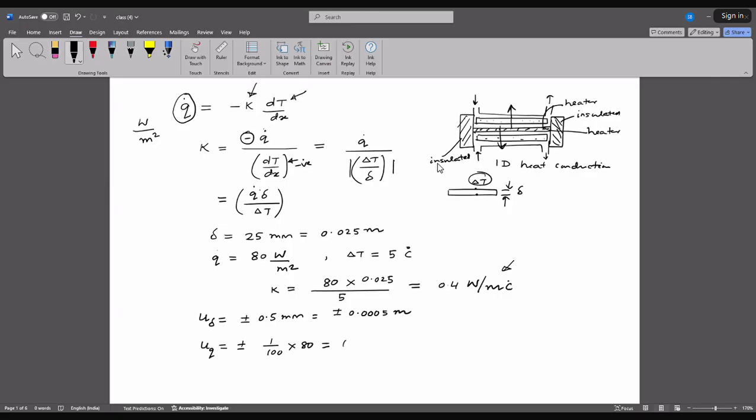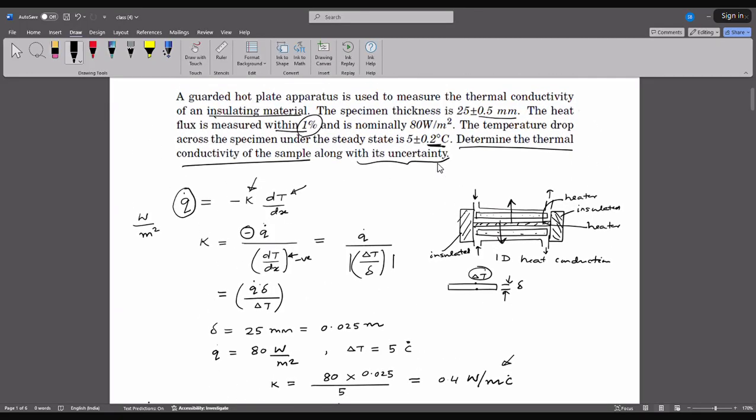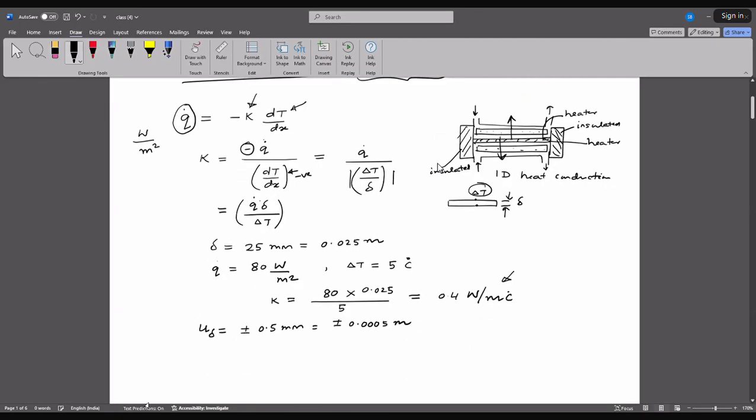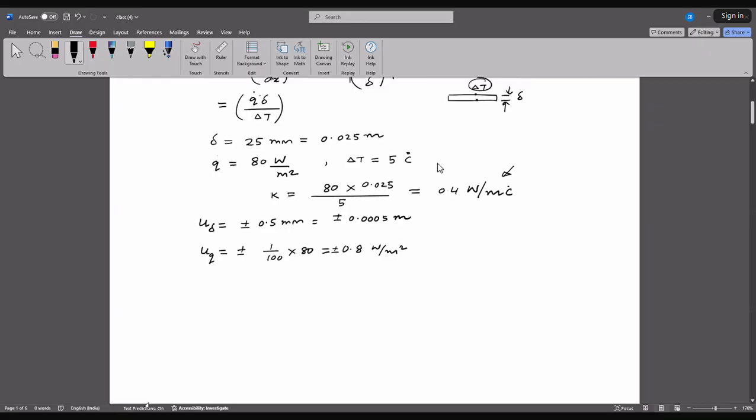That is going to give you plus minus 0.8 watt per meter square. Next is the uncertainty in the delta T. So U delta T is plus minus 0.2 degree C.